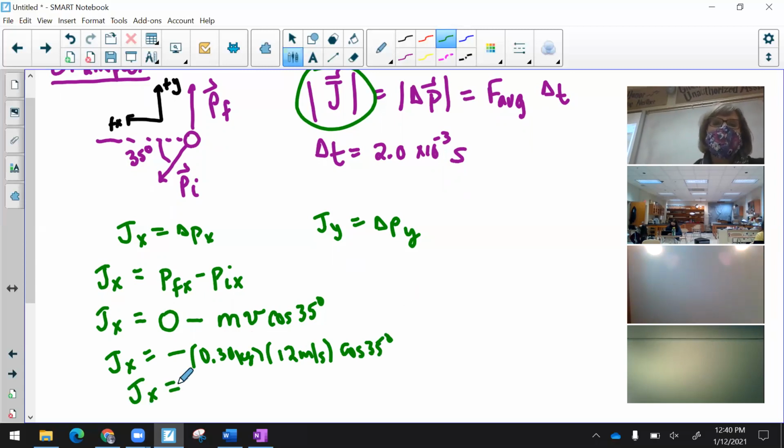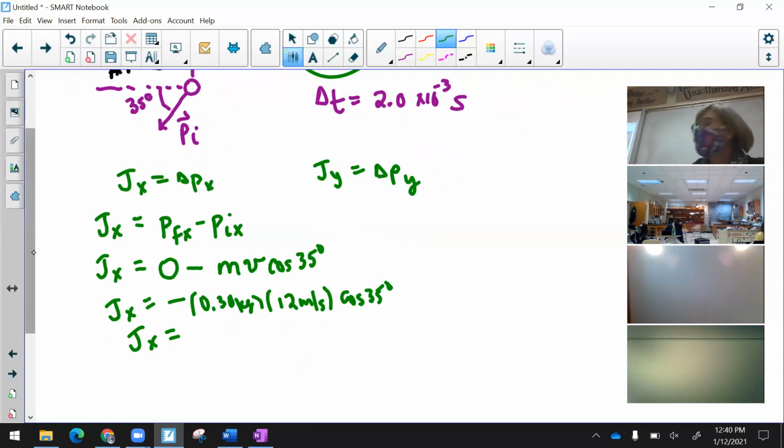And that tells us that Jx is going to be equal to... I got negative 2.9 kilogram meters per second.